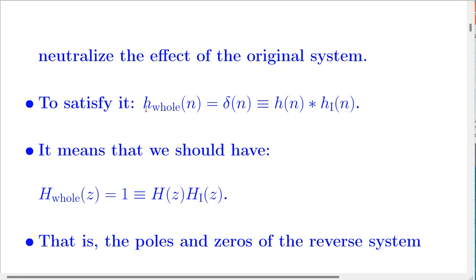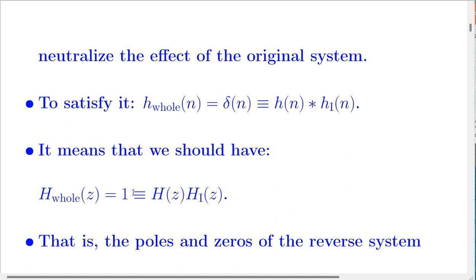To satisfy it, h whole of n is equal to delta of n, an impulse response, a Dirac. So the main impulse response needs to be convolved with h inverse of n. The result should be delta of n.